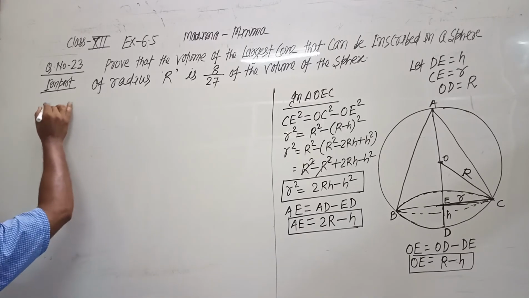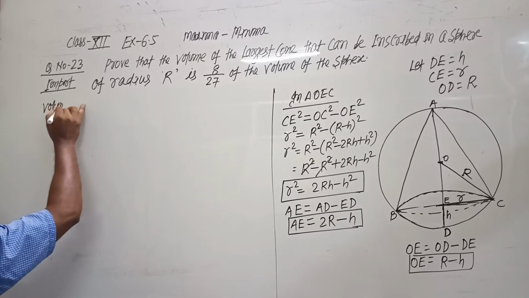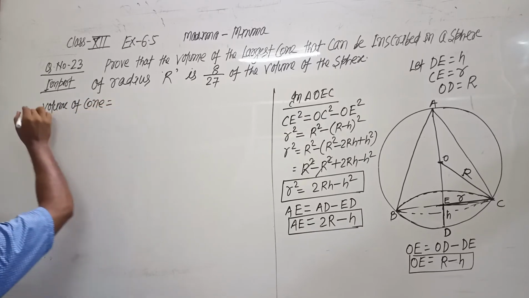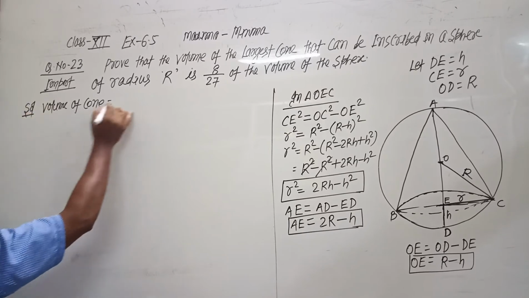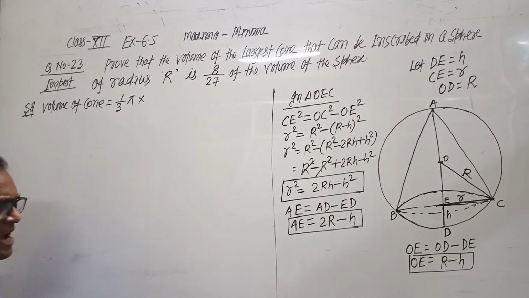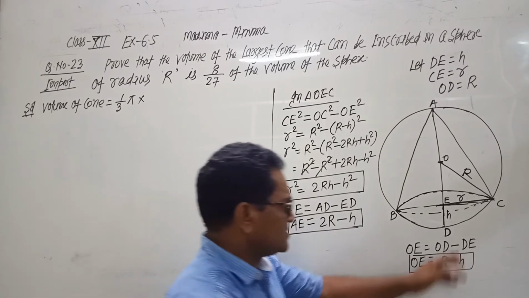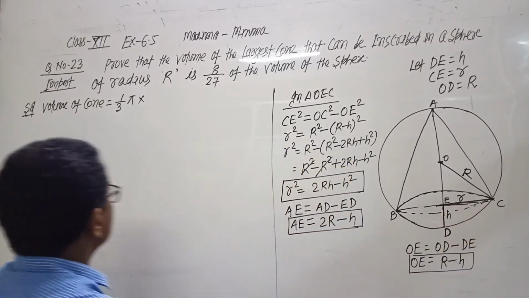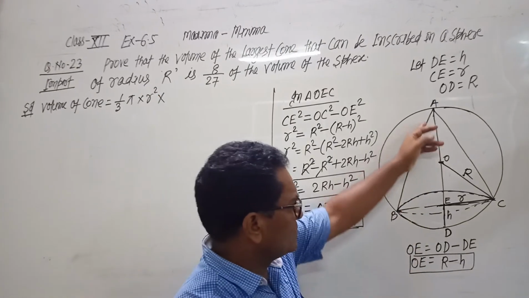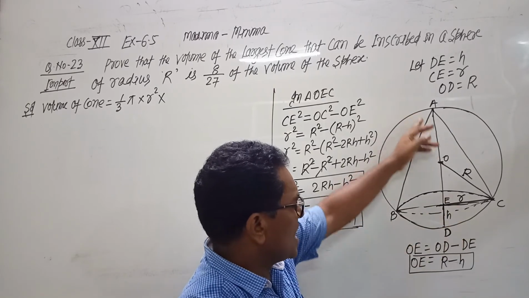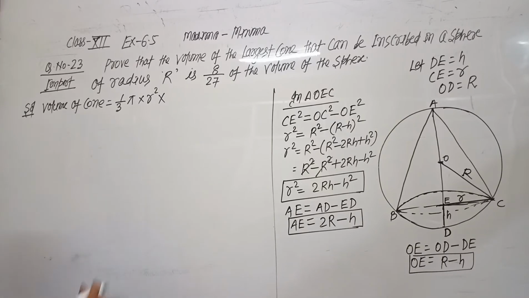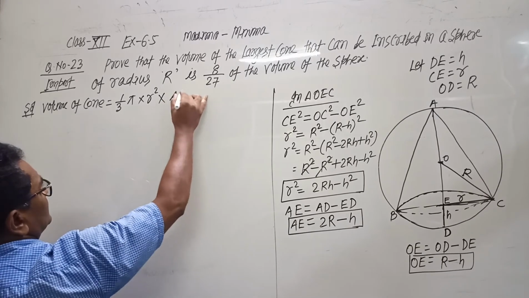So write down the formula for the volume of the cone: 1/3 π r², where r is the radius of the cone, into the height of the cone, which is AE.